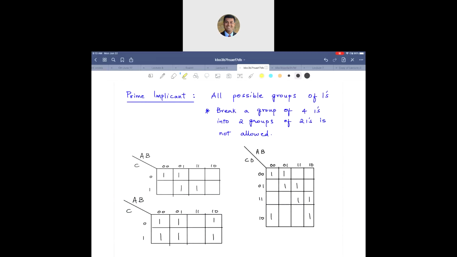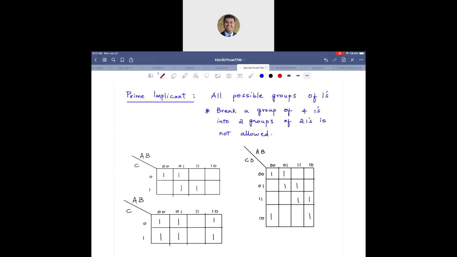To help with what we are going to learn in this lecture here, I am defining a few keywords that will help us have this conversation about glitches and hazards. And we have been informally thinking about these things, but now we are formally talking about prime implicants, essential prime implicants, and redundant prime implicants.